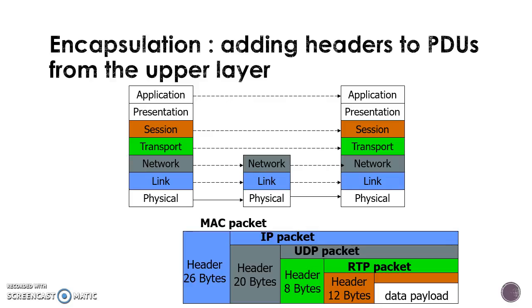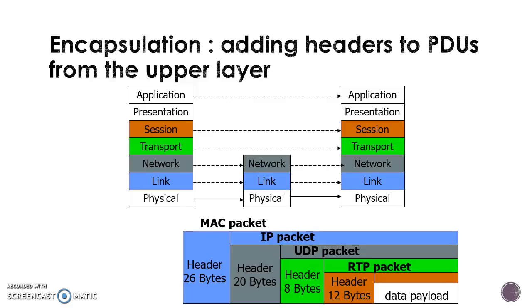The data payload is produced by the application layer. This data payload is appended with a 12-byte session layer header using a protocol designed for voice over IP called real-time protocol, or the RTP protocol. The RTP protocol produces what is known as an RTP packet at the session layer.